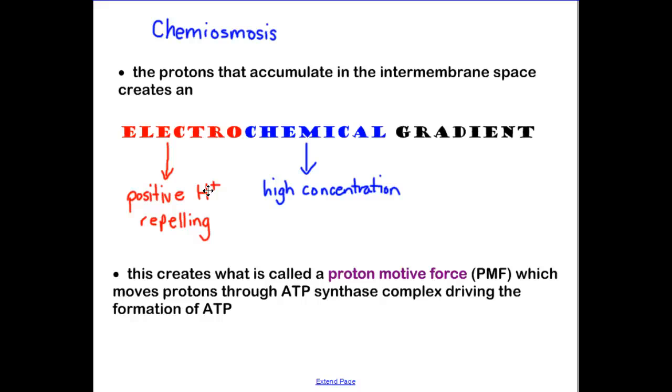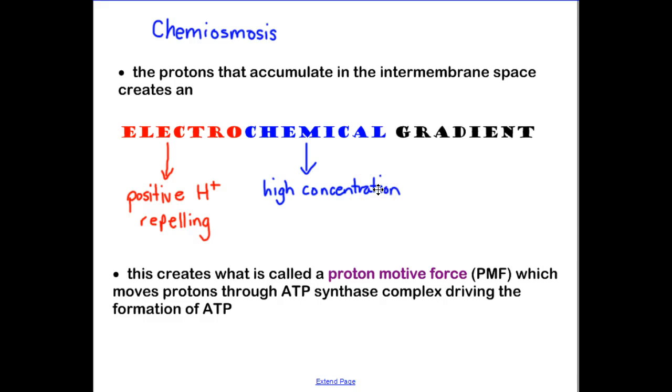So this is what drives this whole process. Another thing that helps drive this process is a high concentration. Remember the definition of diffusion: anytime we have a high concentration of something in one area, it wants to disperse and spread out to a lower concentration. So everything moves from high concentration to low concentration.